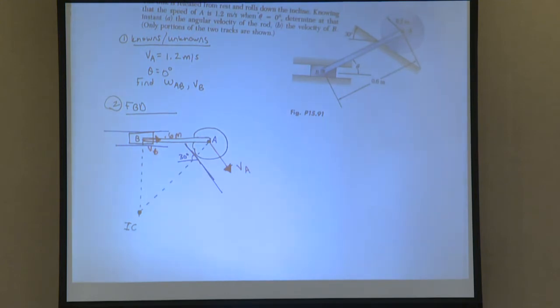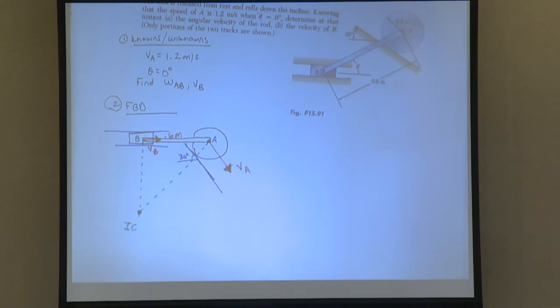And so the instantaneous center is the point on a plane or on a body where you have pure rotation and no translation. So basically, it's kind of like if you were to stand really far off in the distance and look at the two things, they just look like they're kind of doing this. It gets the general plane motion equation down from VA equals VB plus omega cross R, and you're literally just looking at omega cross R.